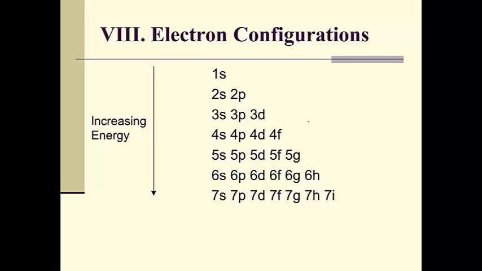Do it this way. Instead of going left to right, we go diagonally downward. 1s, then the 2s, then the 2p, then the 3s, then the 3p, then came the 4s, then the 3d, the 4p, the 5s, then the 4d, 5p, 6s, then finally the 4f, 5d, etc. So this is the way the Aufbau diagram is actually arranged.